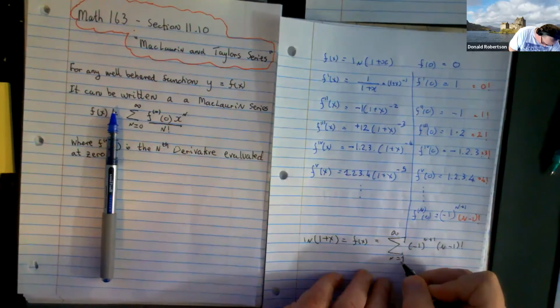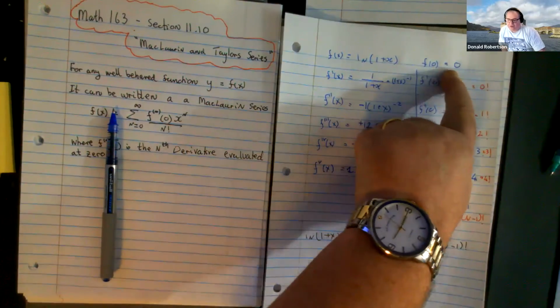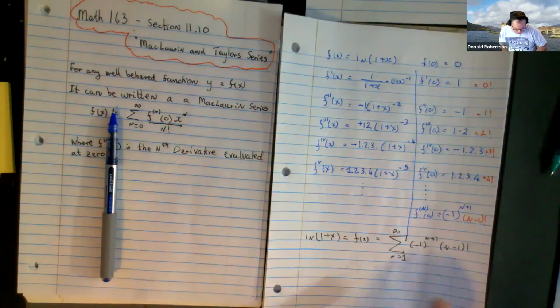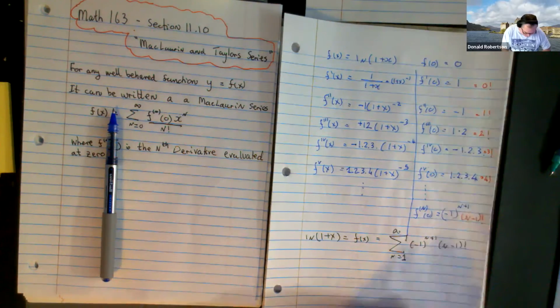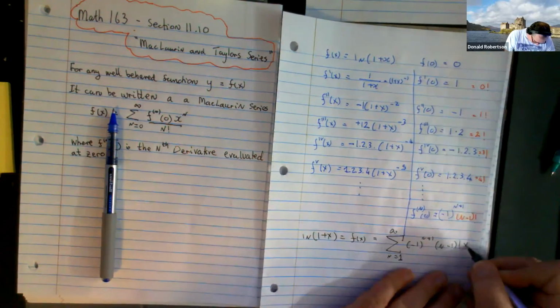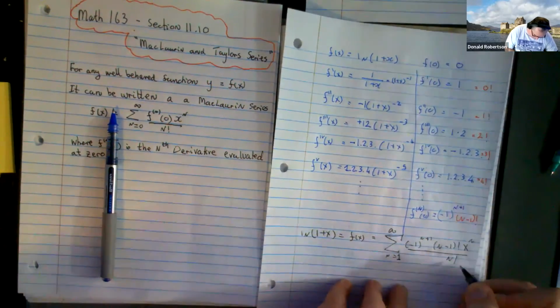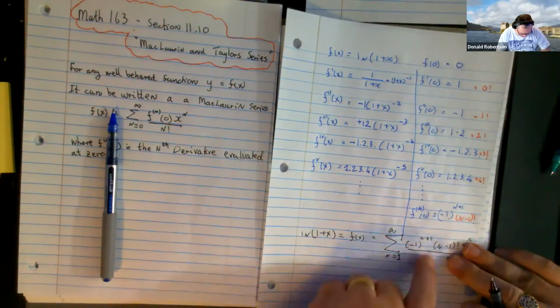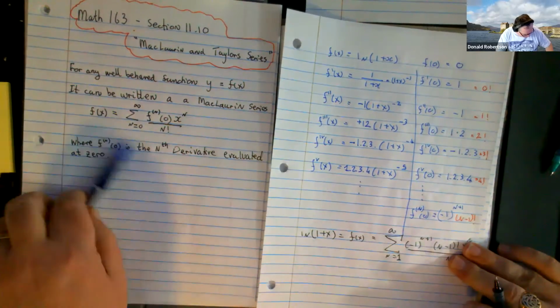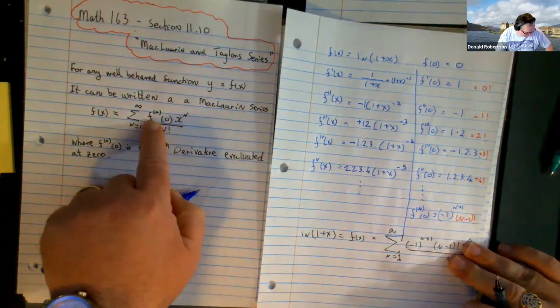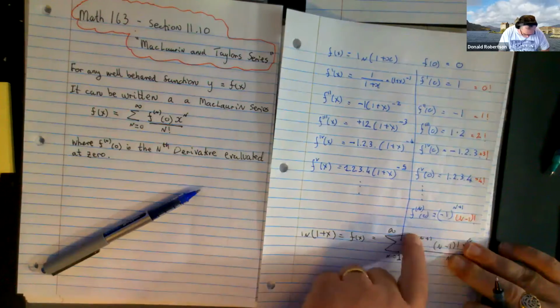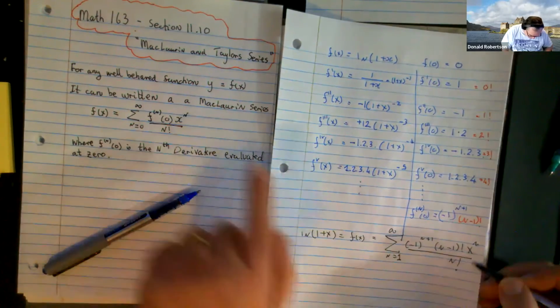And all we do is we start at 1, because remember that first term was 0, and so we don't really want to start at 0. And, oh, I forgot my x to the n over n factorial, because that's the nth derivative at 0. That's this piece. There's the x to the n, and there's n factorial.